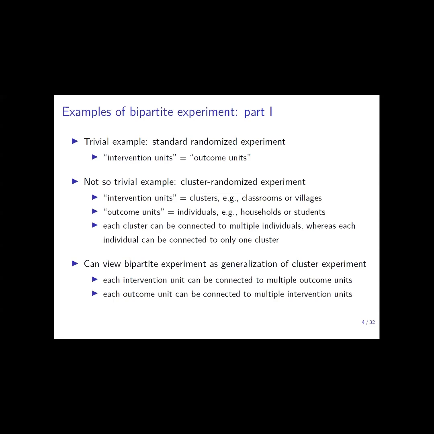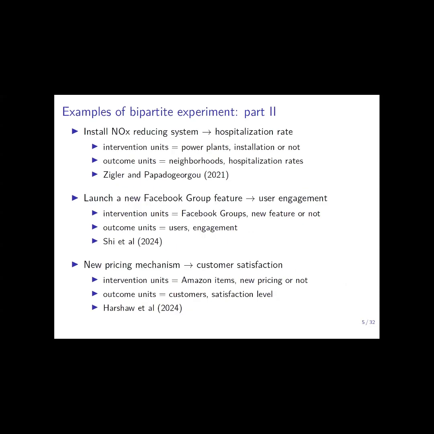Still, why do we care? What are the more concrete examples we care about? The first one is from biostatistics or environmental study. Ziegler and co-authors were interested in the effect of installing air pollution reduction systems on power plants, and the downstream effect on hospitalization rate, measured by county-level data in the nearby areas.